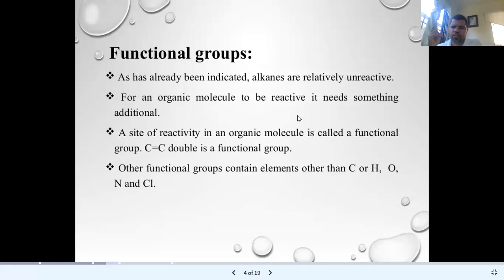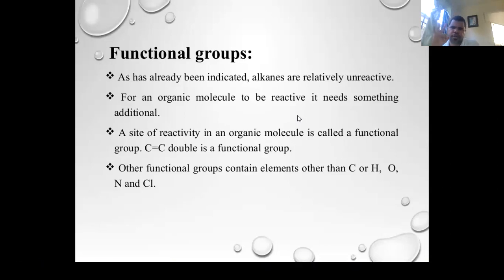Only like 2 or 3 types of reactions can be done on the alkanes. And just as a review, you can either burn them, so they undergo combustion. This is when you force the carbon atoms that you have in the alkane and the hydrogen atoms that you have there, you force them to combine with oxygen.